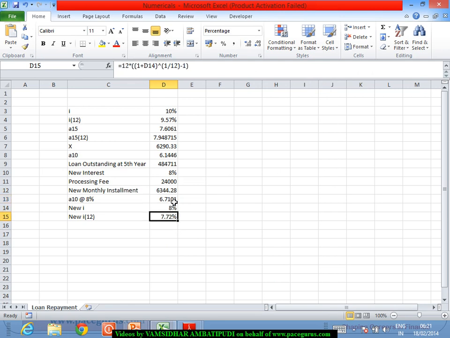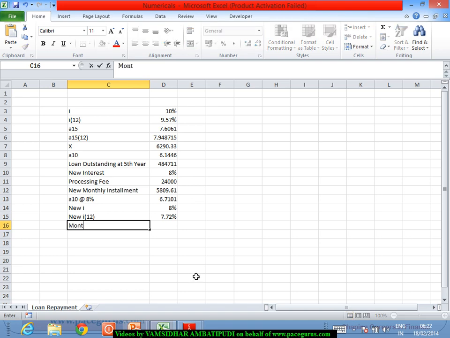New i12 is this much. a10, 12 times a10. Oh, a10 here I have to take not this one. The a10 that needs to be considered is this number at the rate of 8%. So obviously yes. Now the new monthly installment is coming out to 5809.